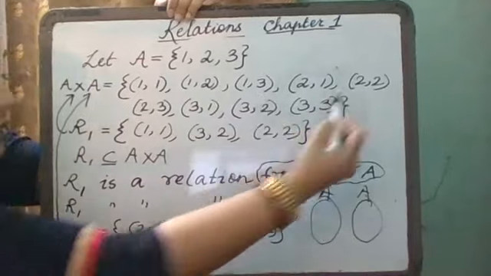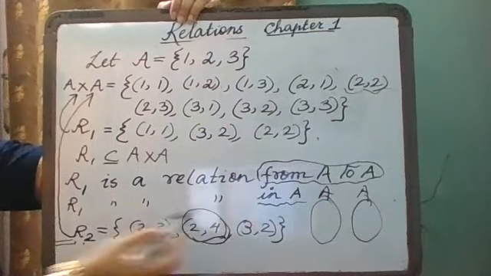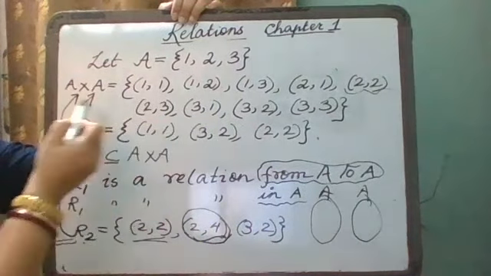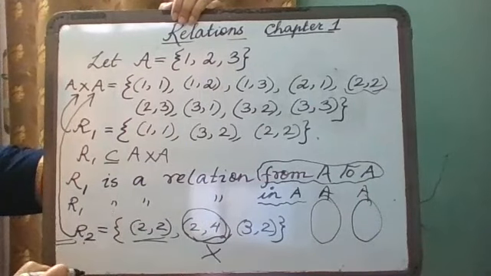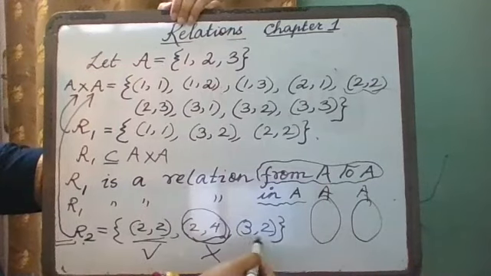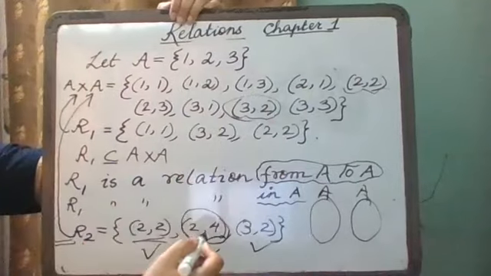It is also there in A cross A. 2, 4, it is there in R2, but I don't find 2, 4 in A cross A. It is not there in A cross A. 3, 2, yes, 3, 2 is available in A cross A.